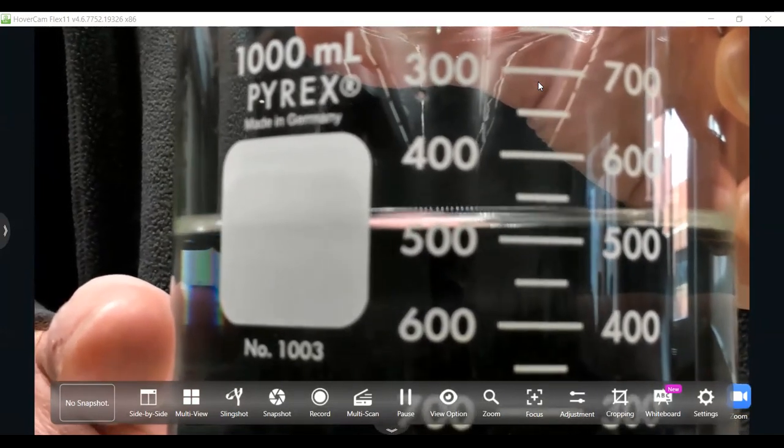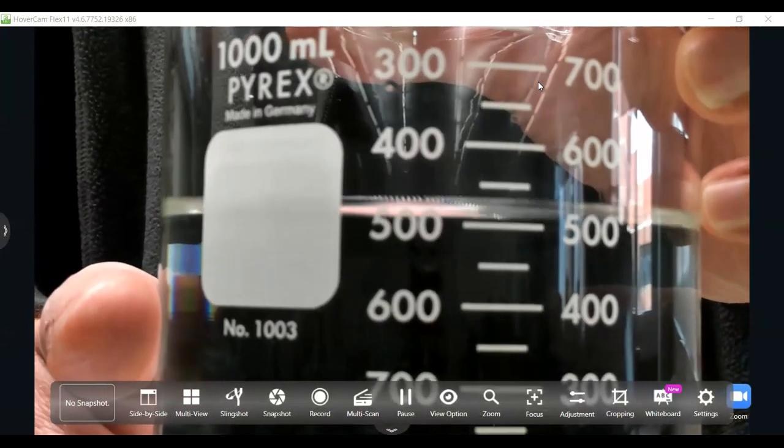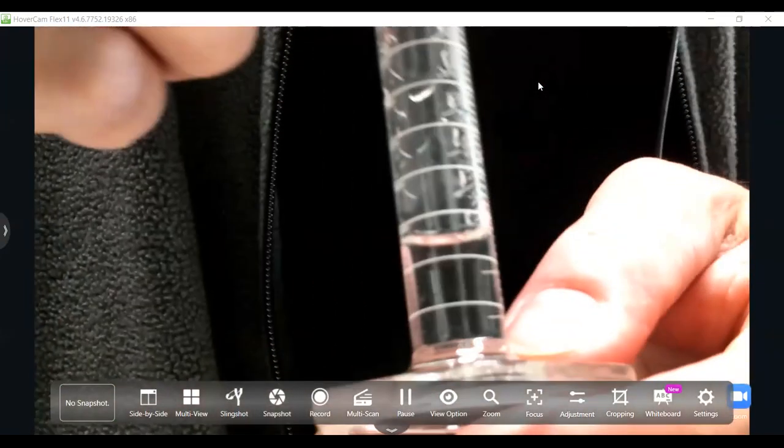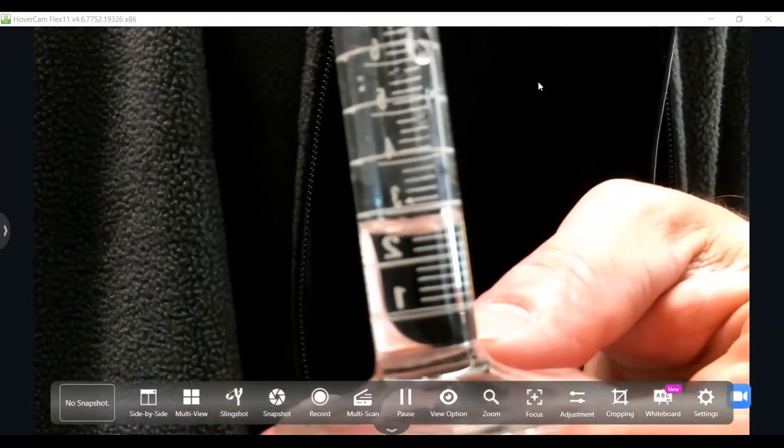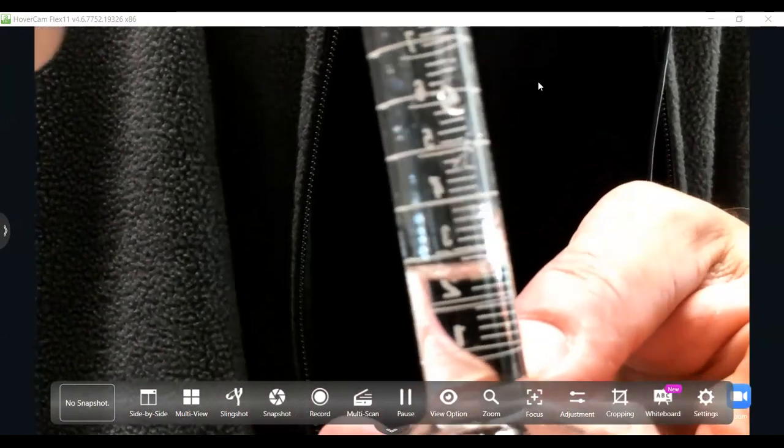I don't know. 530, right? 530 milliliters. I'm not going to be able to hold this very well. You get the idea. Let me put this down here.